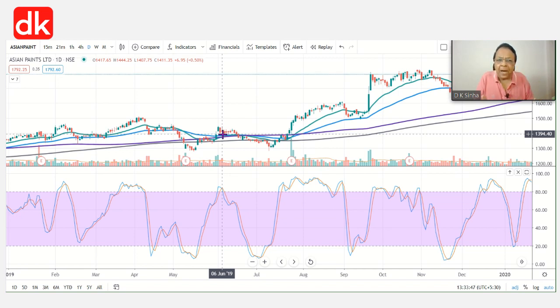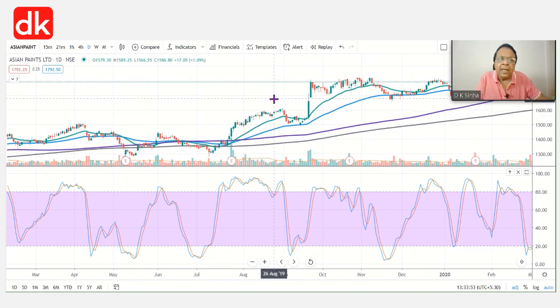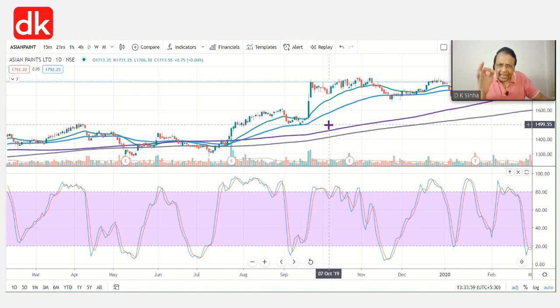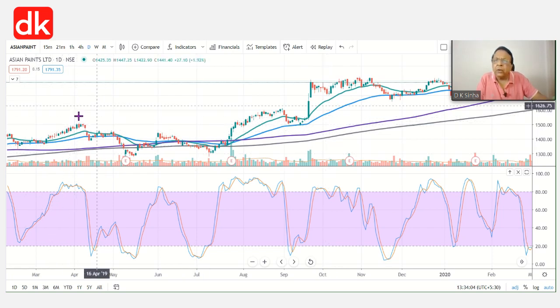Where in uptrending market, it is very, very important to understand when an uptrending market, for example, this correction has taken place and you can see the price is bouncing off of EMA 55. And if you combine the earlier price action, it was a resistance which has become a support.